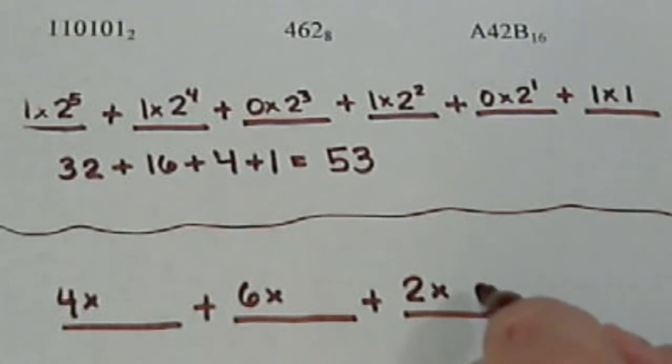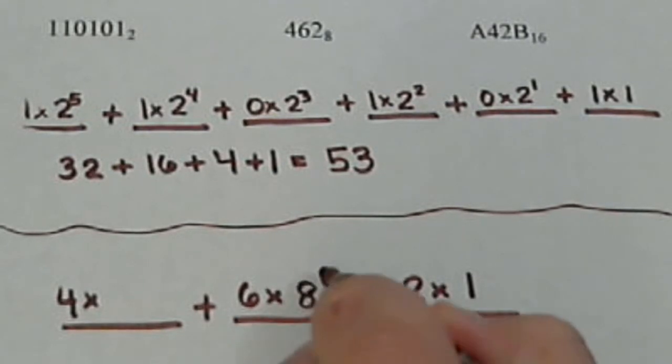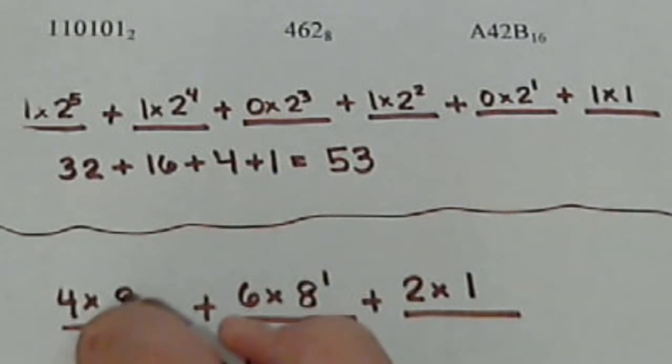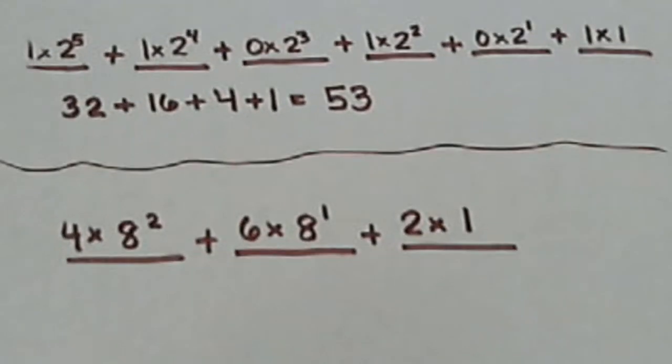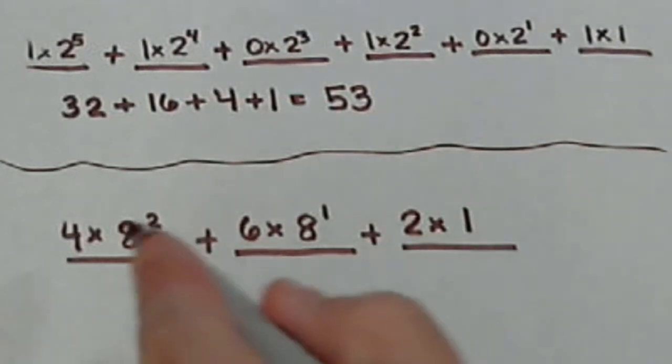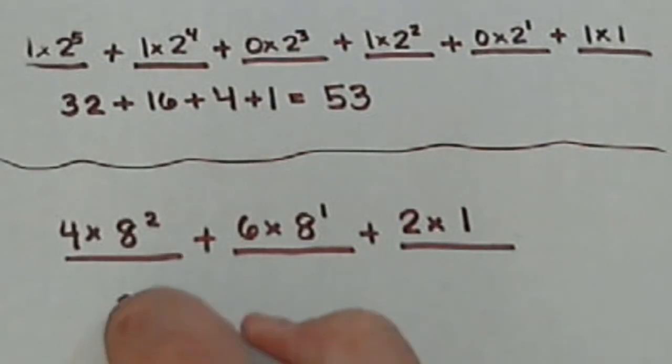So the first one is going to be 8 to the 0, which is, again, 1. Then we have 8 to the first power, and 8 squared. So 8 squared is 64. 64 times 4 is 256.